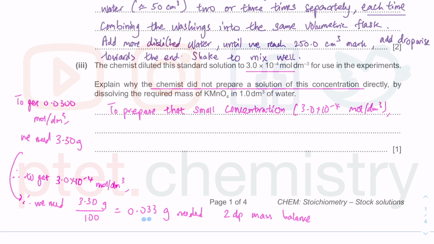I've shown the calculation. We need only 0.033 gram of solid KMnO4. Not accurate enough to weigh that particular mass.